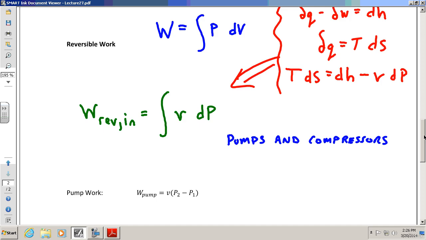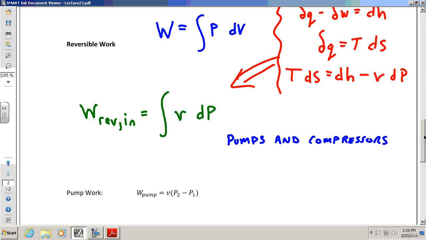In this class, I'm always going to call a pump something that deals with a liquid, and I'm always going to call a compressor something that deals with a gas. The purpose of a pump is to raise the pressure of a liquid.